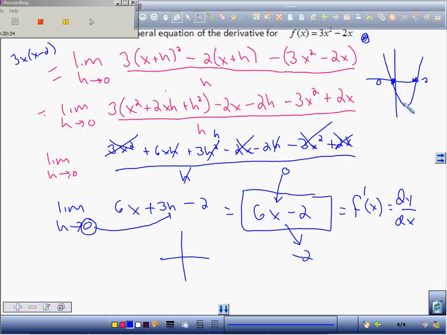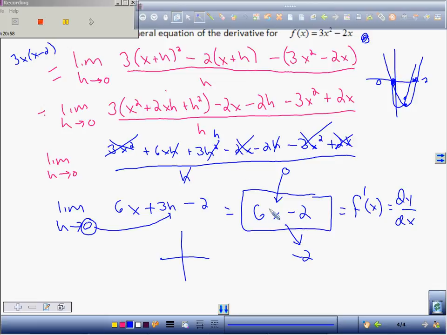So the slope at 0 is negative 2. Okay? What's the slope at 1? 4, right? So it obviously turns somewhere in between there. So the slope at 1 is going to be 4. So probably it's a parabola that looks more like this, okay? So the slope at 1 is 4.